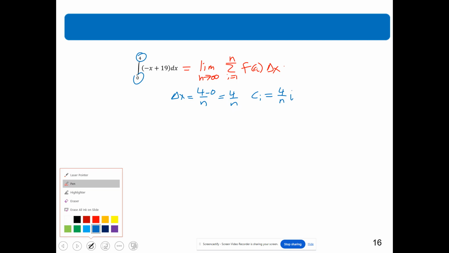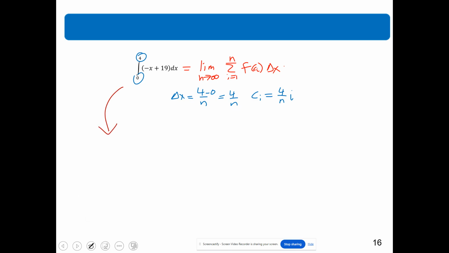i. In other words, this integral is going to be equal to the limit as n goes to infinity of the summation of i going from 1 to n of negative 4 over n i plus 19, all times 4 over n.